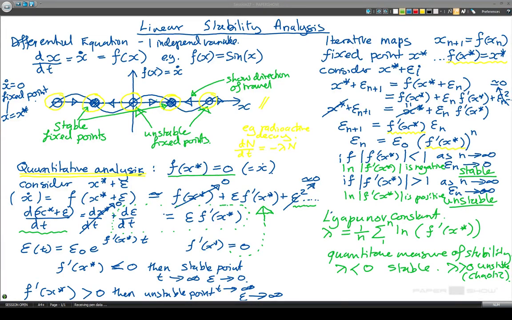A couple of other points to make. If the gradient at x star is 0, then lambda will be minus infinity, and this is super stable.